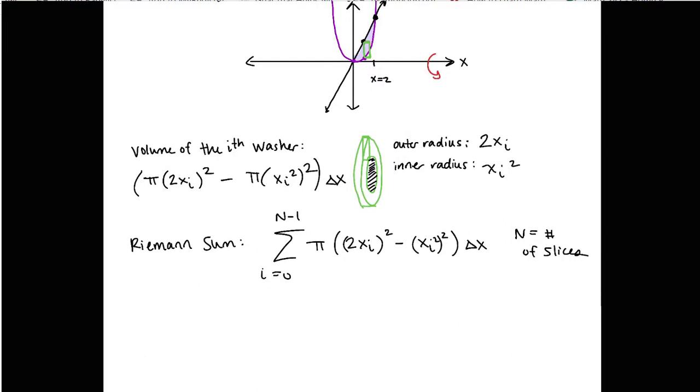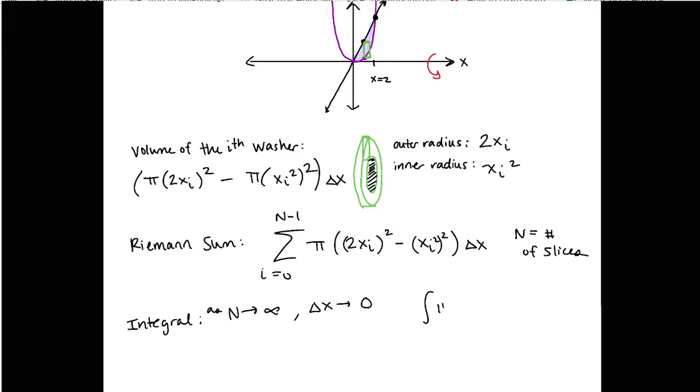There's our Riemann sum, and to get our integral, again, what's going to happen? As n goes to infinity, delta x goes to 0, and we can look at our Riemann sum to help us set up our integral.